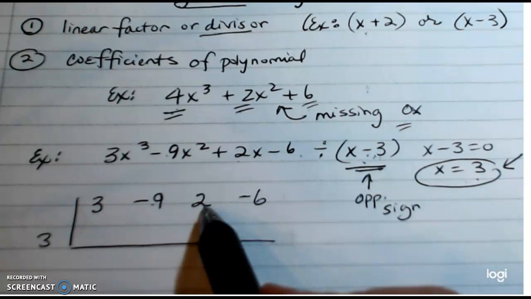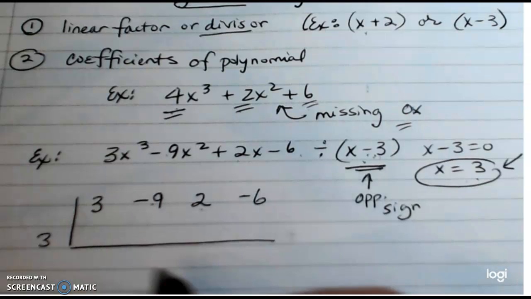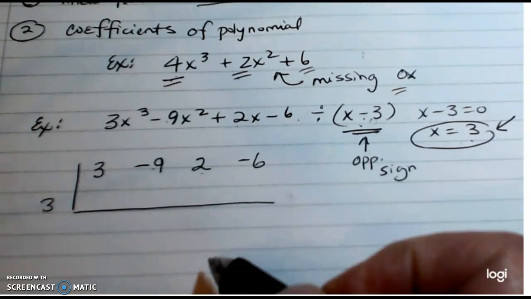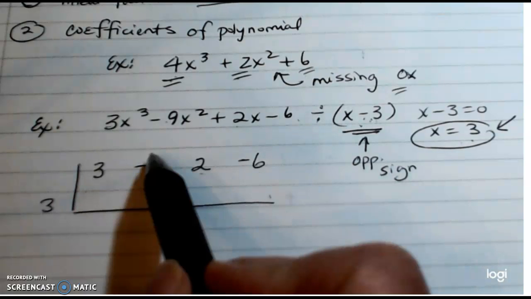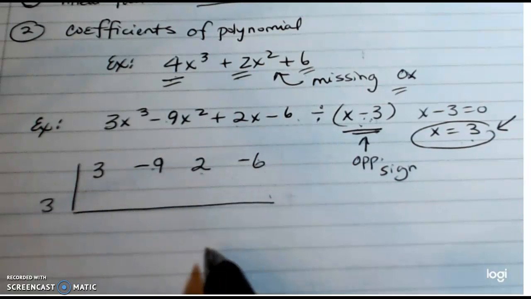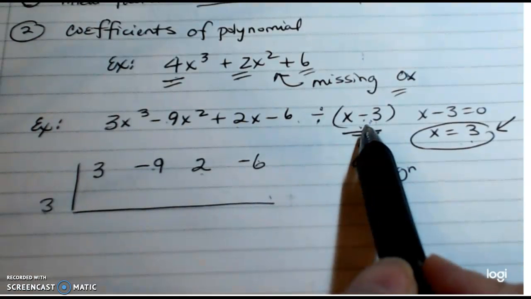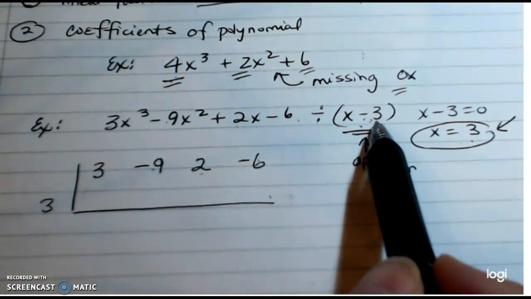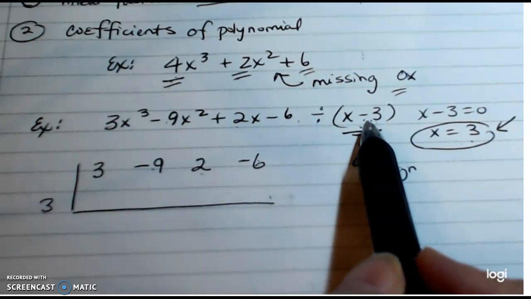Your coefficient must be 0 in your list. So this is the really crucial setup for synthetic division. You have an upside down box, your coefficients go up in the top shelf, and your divisor is the opposite of the constant term in your linear binomial.